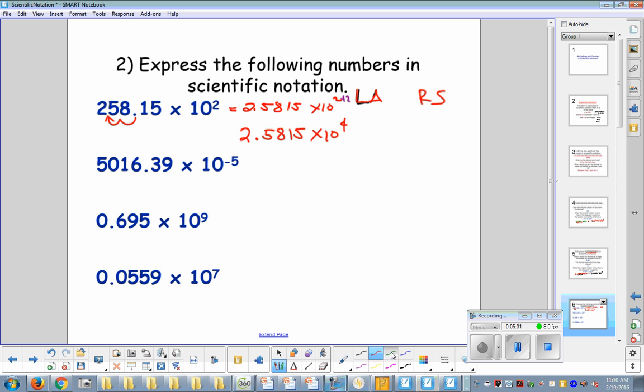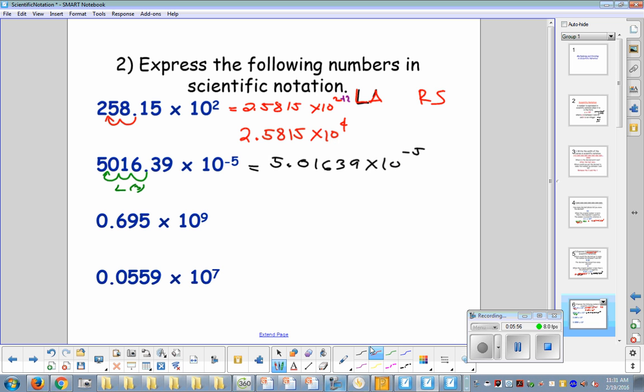Second example, we need to move the point between where? 5 and 0. So I have to move my point how many times? 1, 2, and 3. You move to the left, 3 times. So I will have here 5.01639 times 10 raised to negative 5.